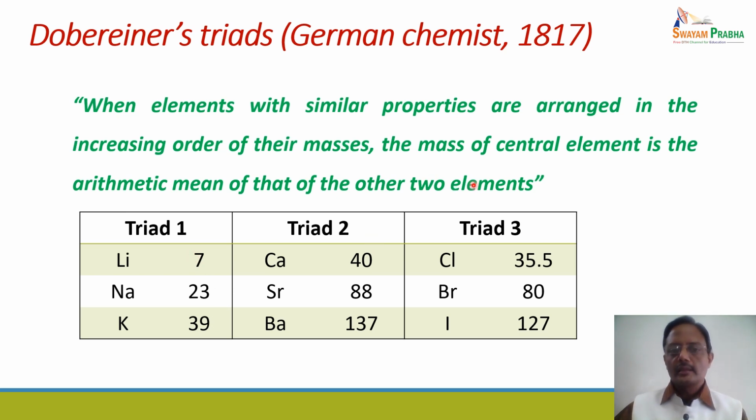Similarly, various other triads were found, and it was observed that the central element has a mass approximately equal to the arithmetic mean of the other two.